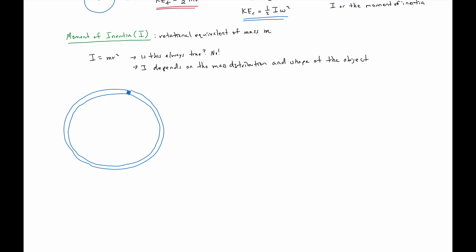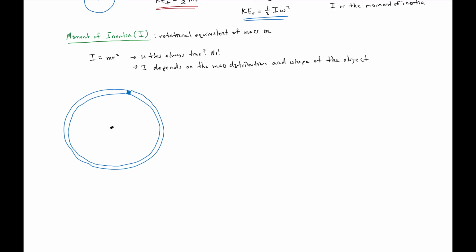But long story short, we can take a look at a hoop of total mass m and radius r as an example. Or we can also mimic this as an individual point object, like we've drawn here, that moves around in a circle to trace out this circular hoop.